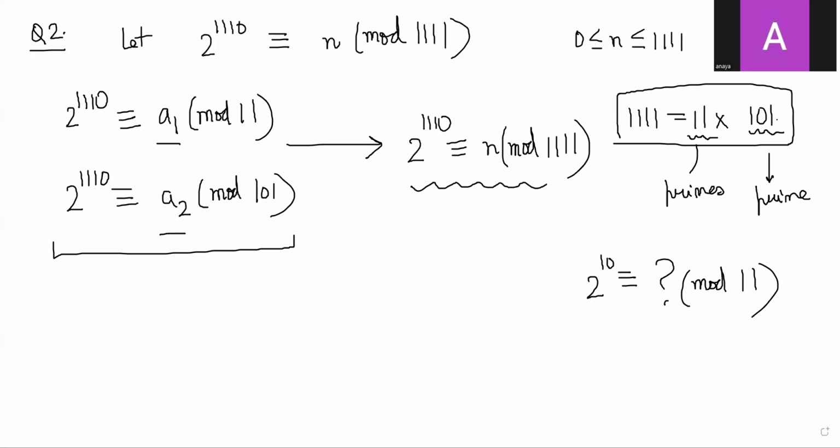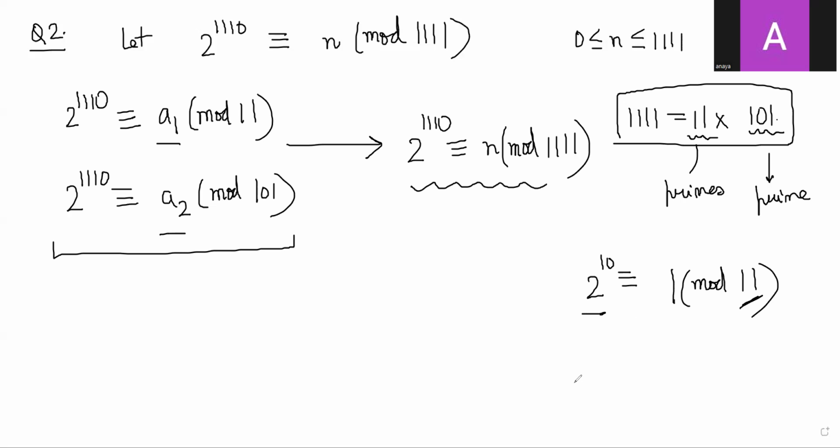It is 1 mod 11. Why? Because of Fermat's little theorem. If a and n are coprime, then a power n minus 1 will be congruent to 1 mod n, right?